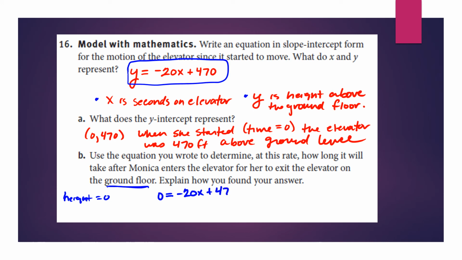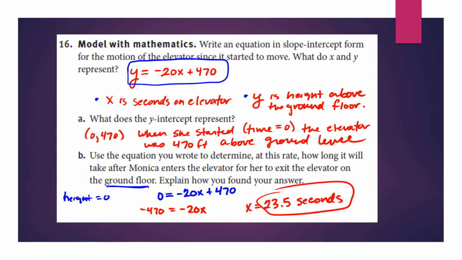So we'll subtract 470 from both sides, and then divide both sides by negative 20, so you come out with positive time, about 23.5 seconds. That's how long it's going to take her.